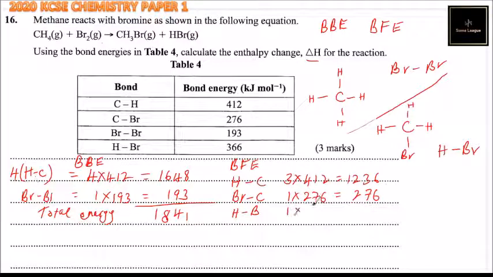So it is 1 times 366, which gives us 366. So you get the total of bond formation, using your calculator, which is 1878. The enthalpy change is the difference between the bond breaking and the bond formation.